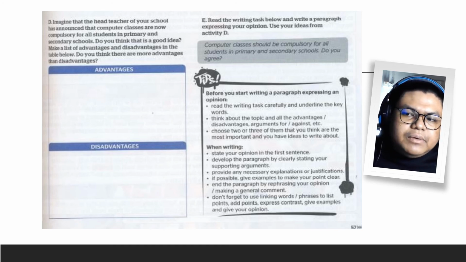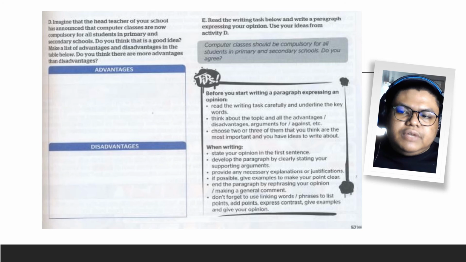So kalau awak rasa awak menyokong, then you give out the advantages. So apa kelebihan kalau sekiranya student ni mengikuti kelas komputer? So kalau awak tak setuju, then you have to give disadvantages lah. So apa kekurangan dia kalau mengikuti kelas komputer ni?